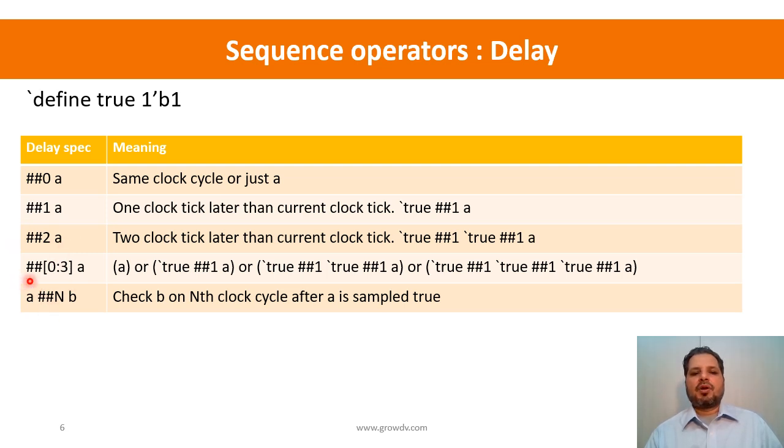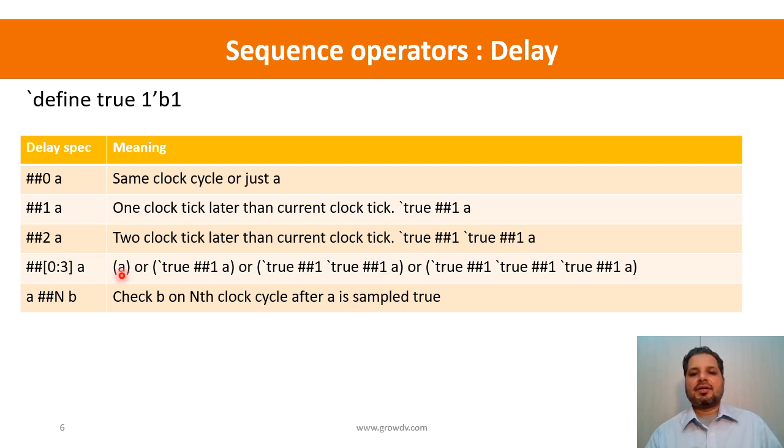And if I'm using the range operator, then since I'm using 0 over here, on the immediate clock cycle where this is getting used, if that is true, then it is satisfied. Or if it comes after one clock, that is tick true and ##1 A, which is similar to this one, if that happens, it is satisfied. Similarly, ##2 A, then it is satisfied.